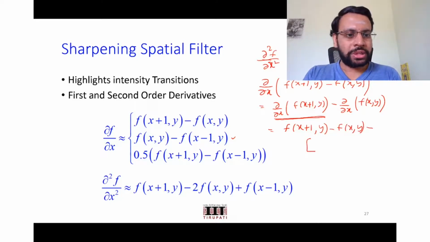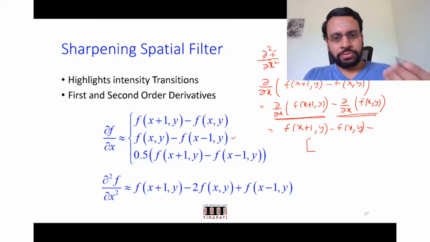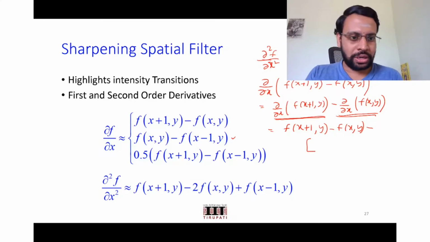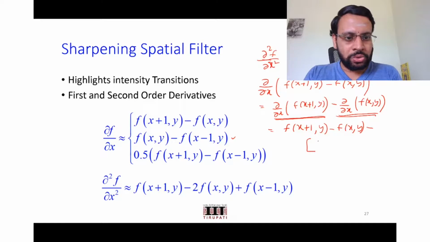Now for this dou by dou x of f of x comma y, I could use either the forward difference or the backward difference. There are different ways you could write it, but since I have used the backward difference here, let me use the same here: f of x comma y minus f of x minus 1 comma y.